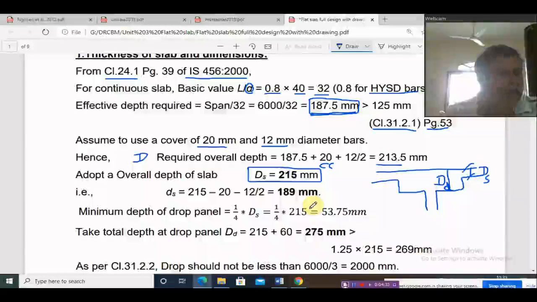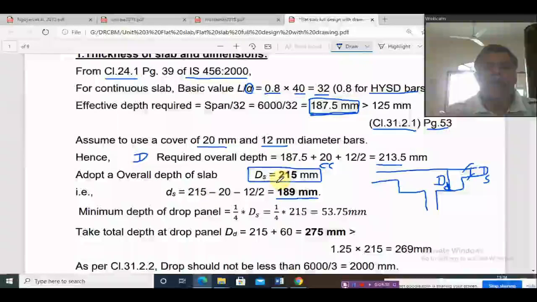Now I will arrive at the effective depth provided based on the overall depth. 215 minus 20 minus 12 by 2 will give 189 mm.